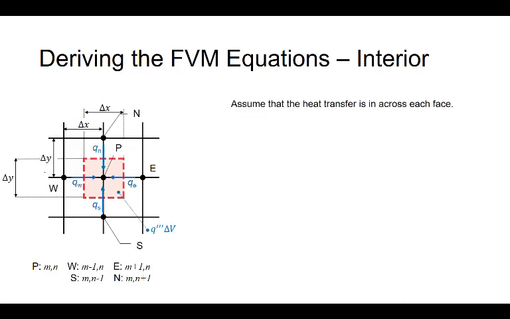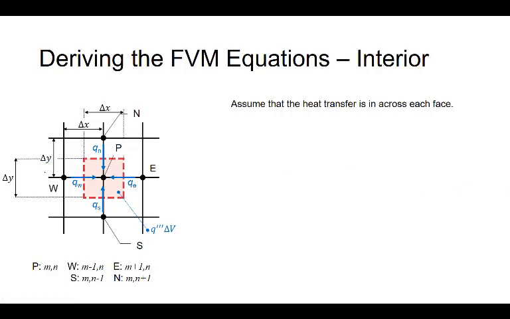When deriving the governing equations for heat transfer in the finite volume technique, we will assume that the heat transfer is in across each face. We make this assumption because we do not know before the problem is solved what the direction of heat transfer is. In this approach, if we ever calculate a negative value for the heat transfer, it means that we have drawn the arrow in the incorrect direction, and heat transfer is actually out of the volume.